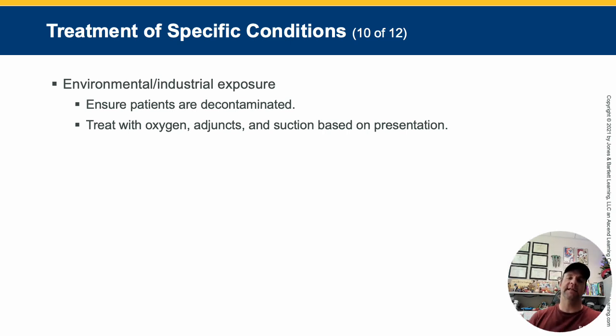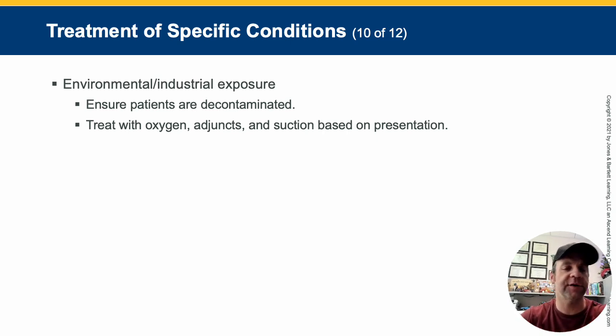Once the patient has been removed from that environment and decontaminated, that's when you're able to start your treatment. Assess the airway, breathing, circulation, your ABCs. Administer high flow O2, and be prepared to suction if there are any secretions or blood in the airway.